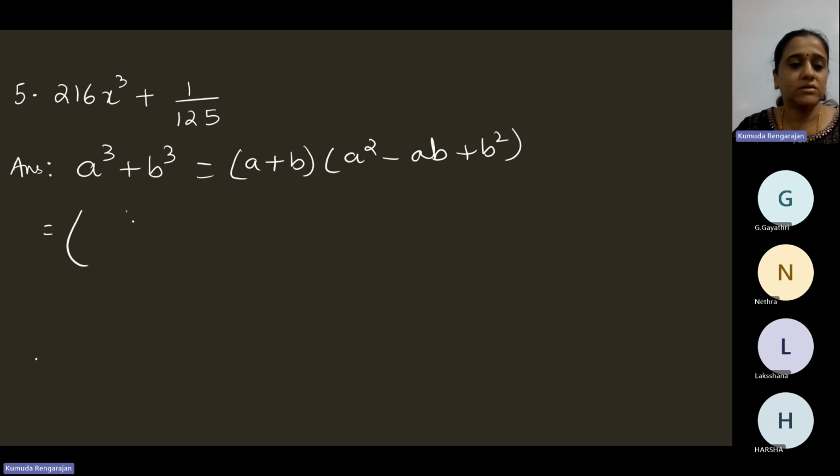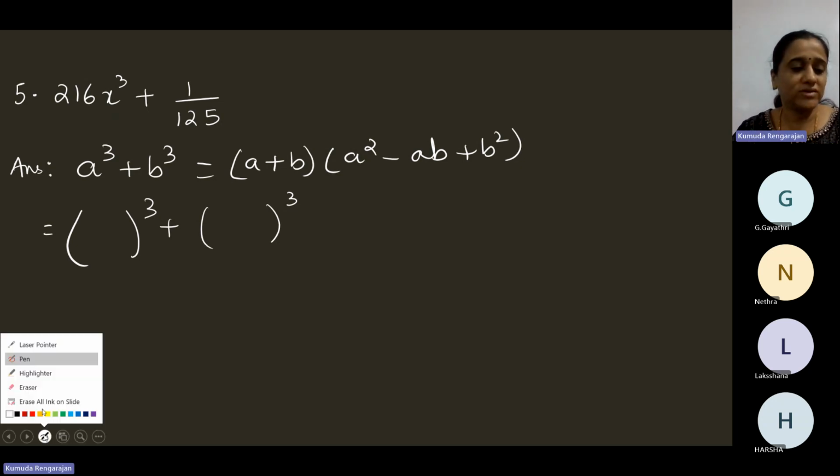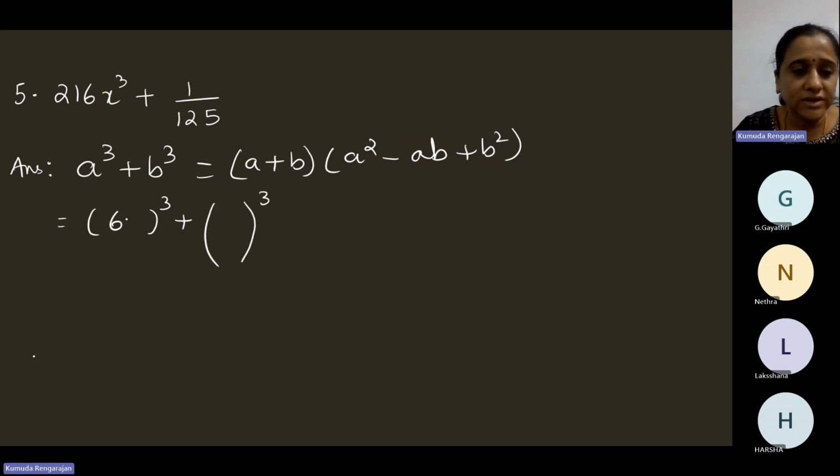So what is it? You don't have to use such a big bracket. 1 minute. Yeah, what should I write here? 6x, 1 by 5. So what's A? 6x.